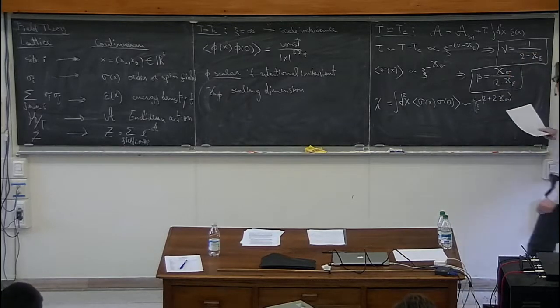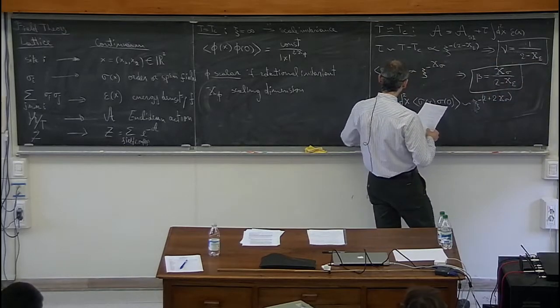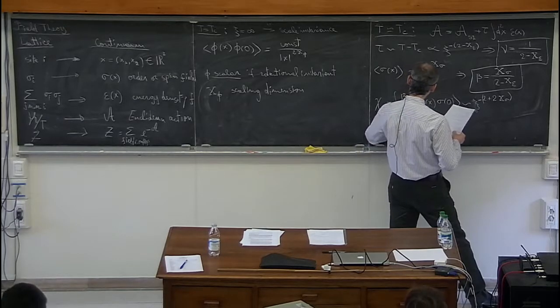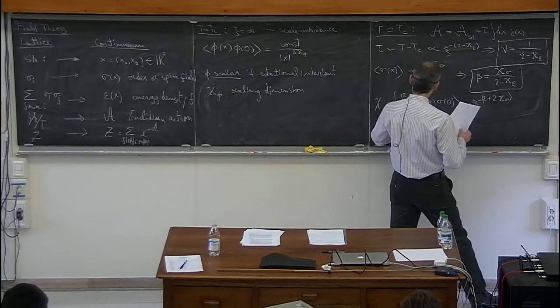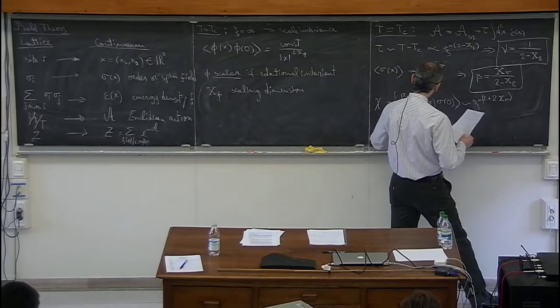And from this, again going to T minus Tc, you find that gamma, which was the critical exponent of the susceptibility, is 2 minus 2x sigma over 2 minus x epsilon.